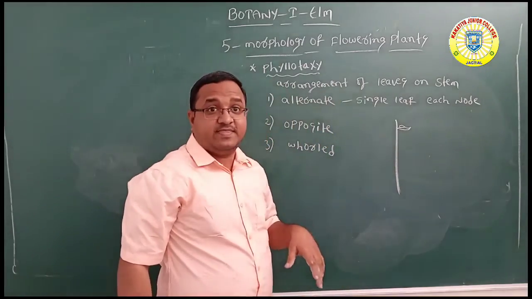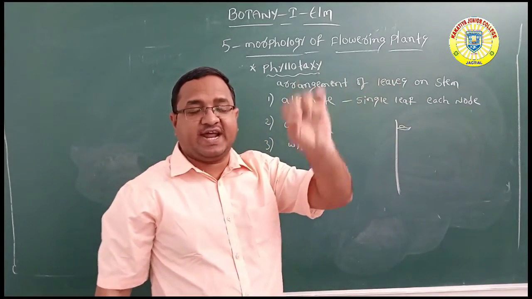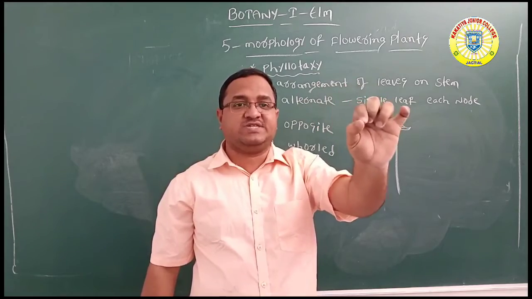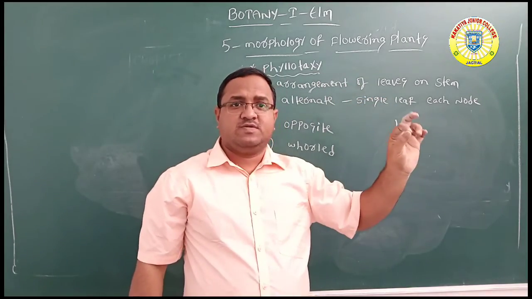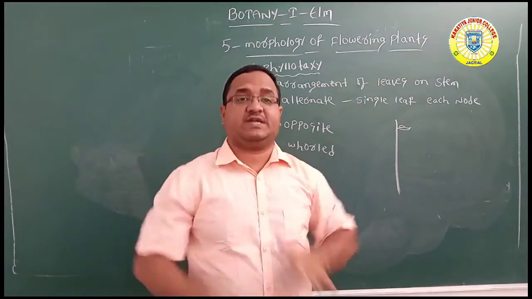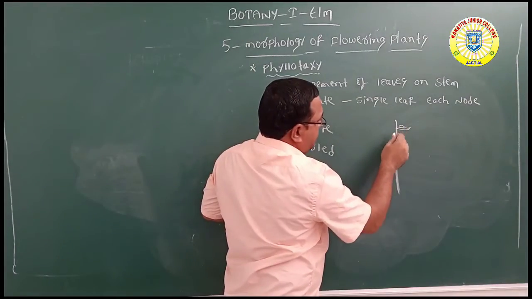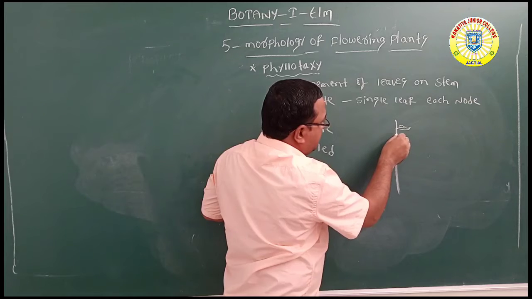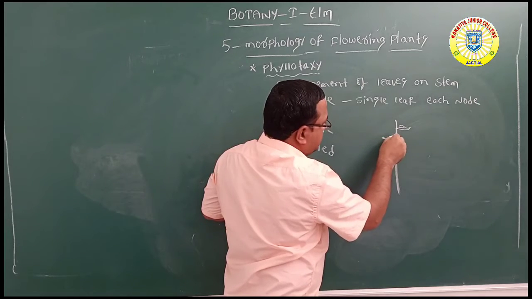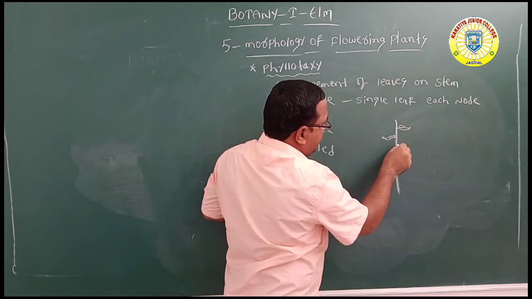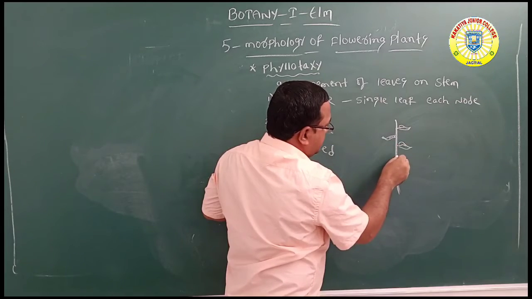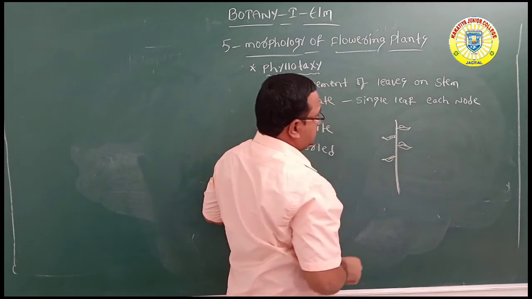The single leaf arranged on each node is alternate to the others. Here is a node with one leaf, here is another node with another leaf, so both are alternate. Here also alternate.